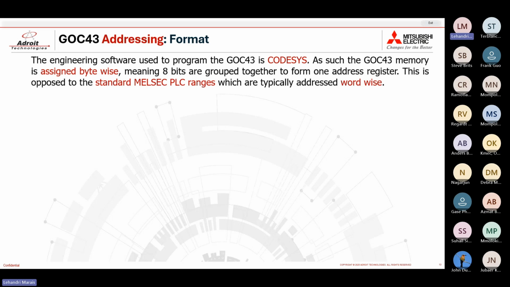So register 0 has 8 bits, the next 8 bits is register 1, and so forth. This is generally opposed to what you have in the standard MALSEC PLC ranges, which are typically addressed word-wise, so every 16 bits forms a word register.